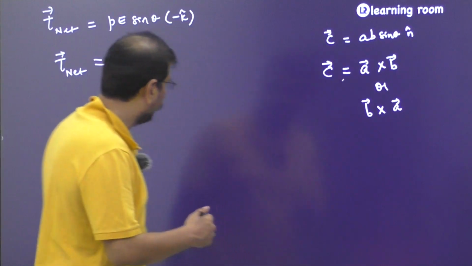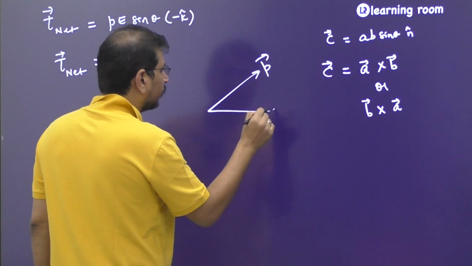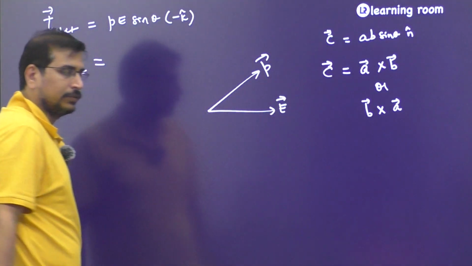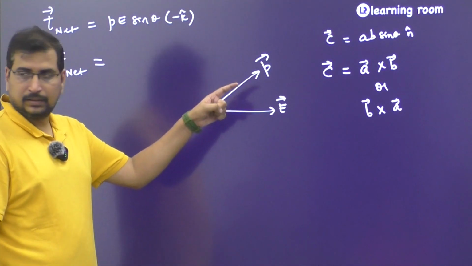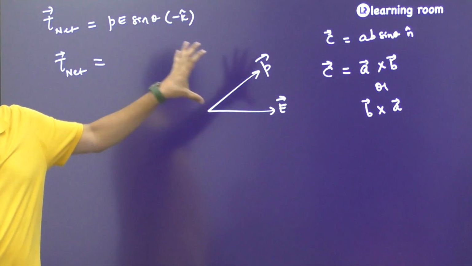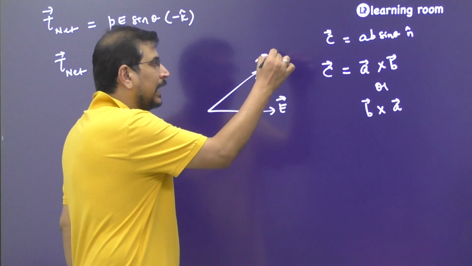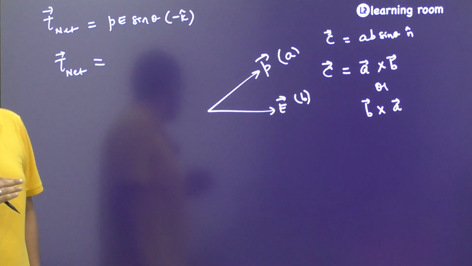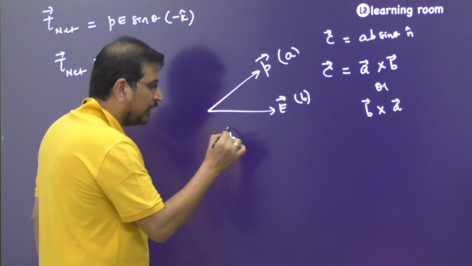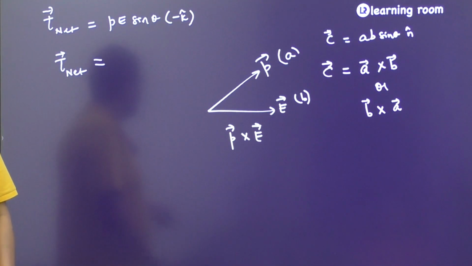So if I draw a free body diagram of P vector and E vector like this, P is like this, E is like this. I just took the diagram and drew it. I didn't draw random directions. Now, if I take this as A and this as B, suppose I do P vector cross E vector, then what should I do according to the concept that I explained?